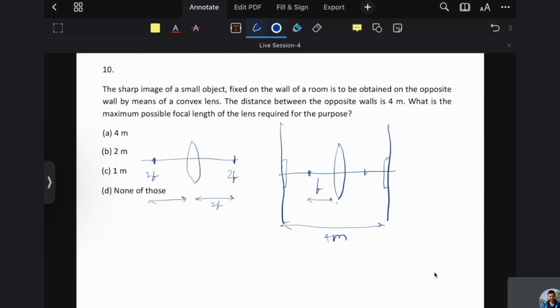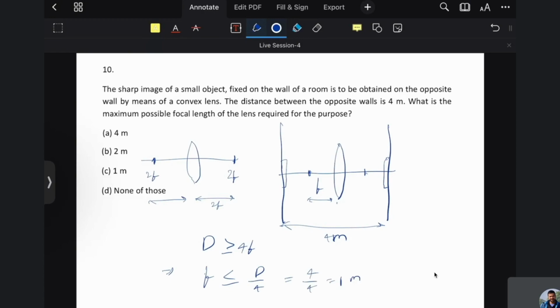So similarly we can imagine here that this screen, the opposite wall, should be at least 4f away. So this should be the condition. And so for the focal length you will have d by 4, which is just 4 by 4, 1 meter.